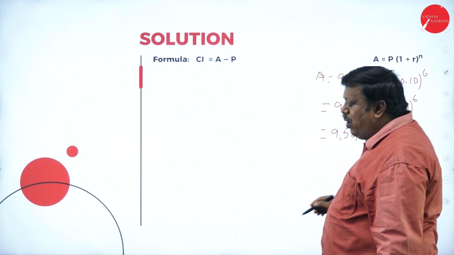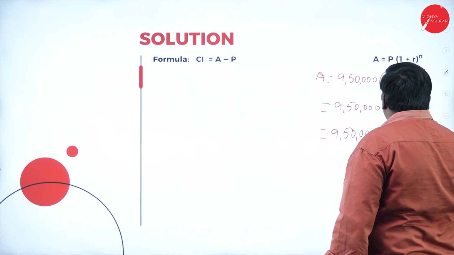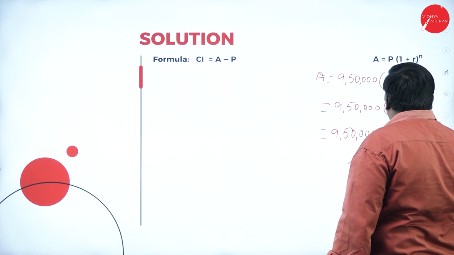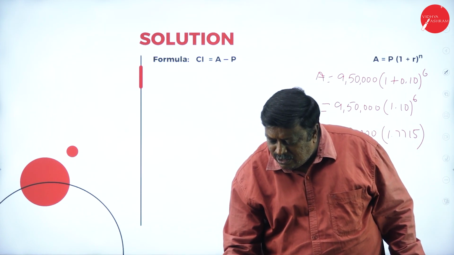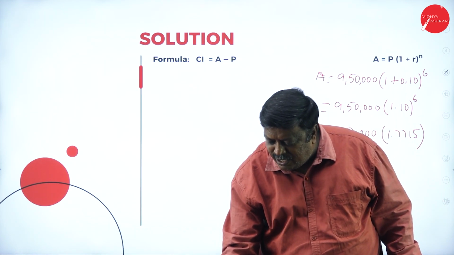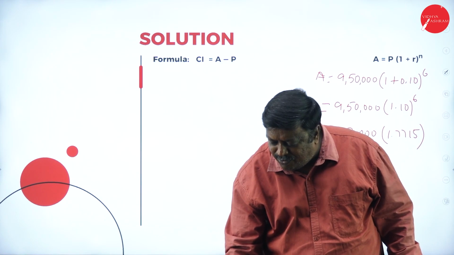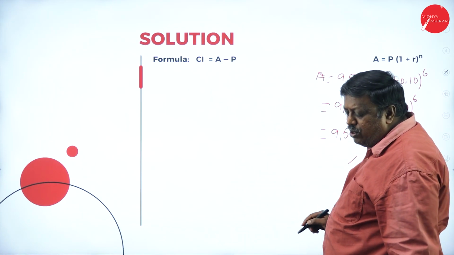So it will be 1.7715. So it is going to be 1.7715 into 9,50,000.